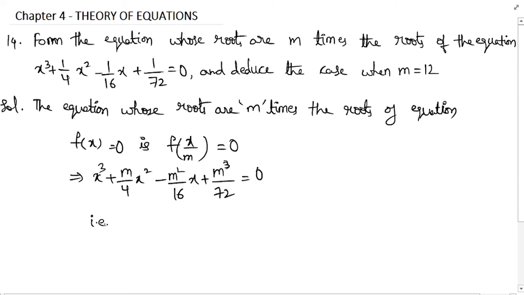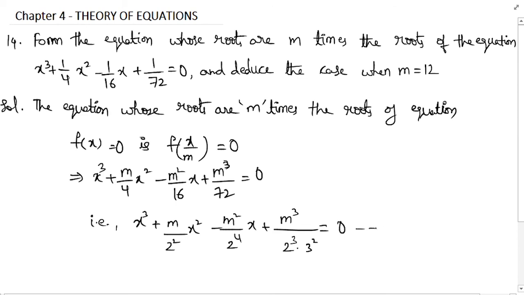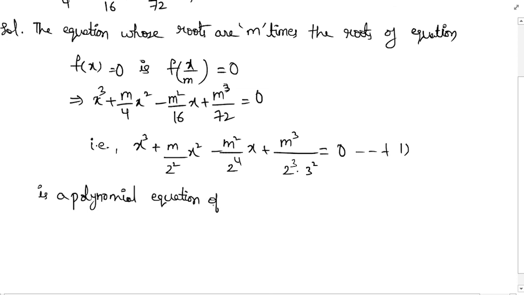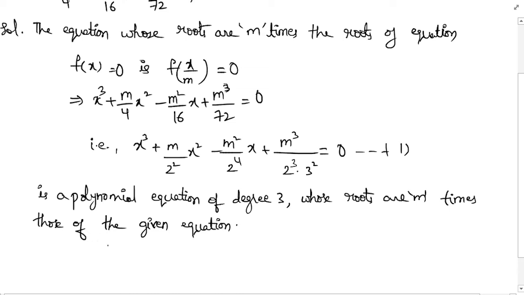That is x cube plus (m by 2) square x square minus m square by 2 power 4 x plus m cube by (2 cube into 3 square) is equal to 0. We will consider this as 1. So this is a polynomial equation of degree 3 whose roots are m times those of the given equation.